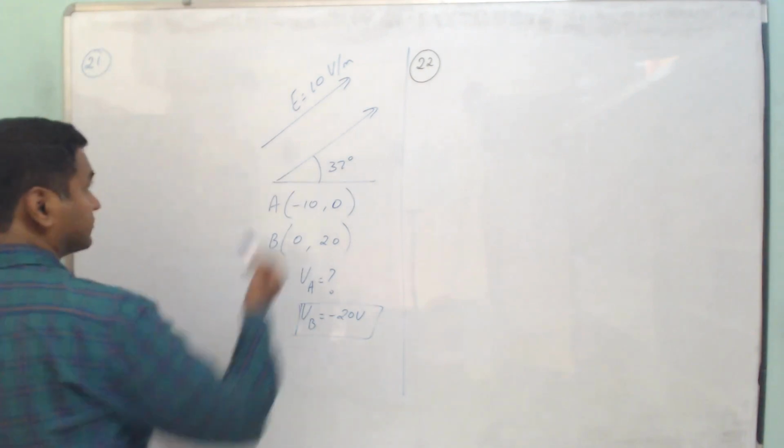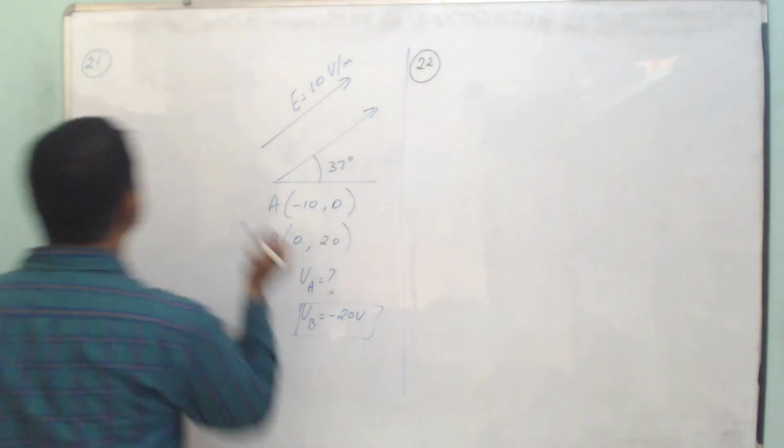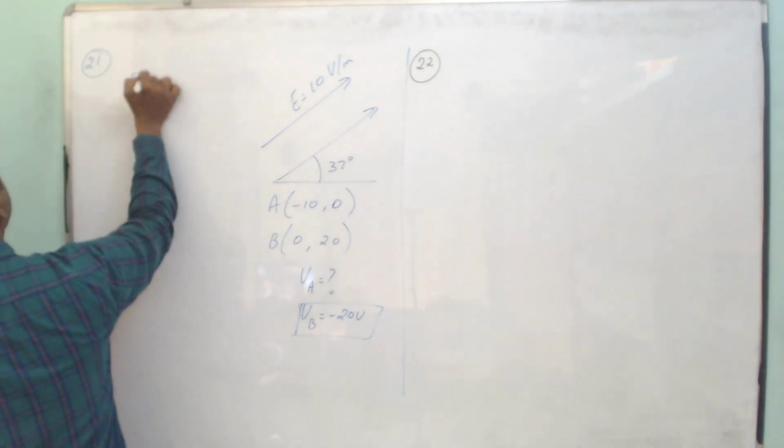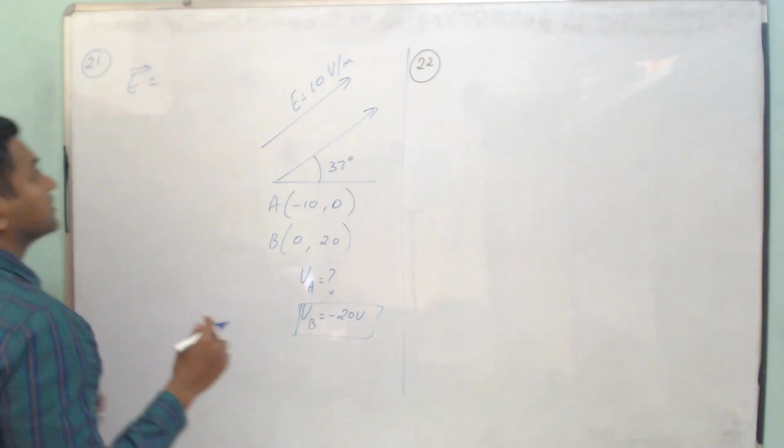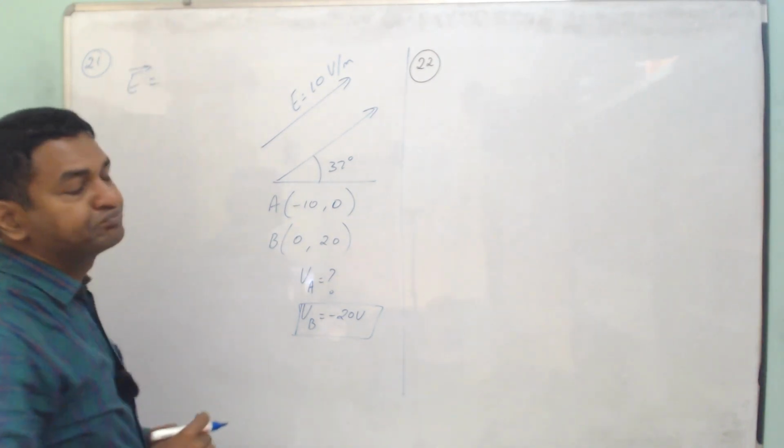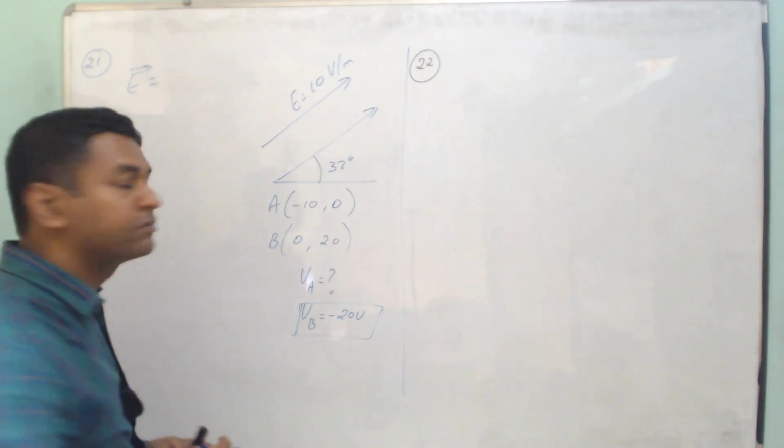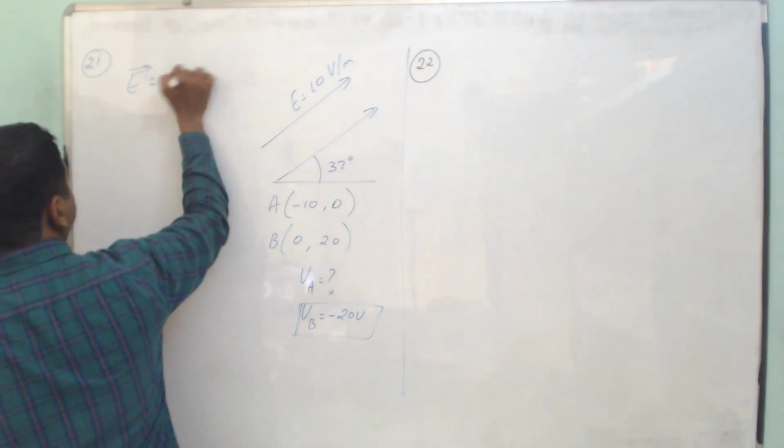So, with the 37 degrees, I can write the electric field as 8 i cap plus 6 j cap, right?